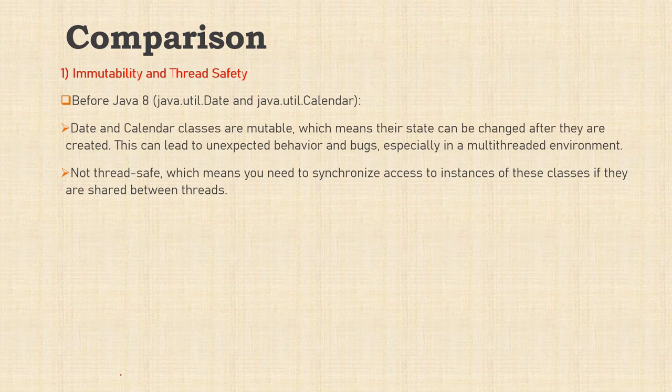So we are going to compare immutability and thread safety. Before Java 8, we had the java.util.Date and java.util.Calendar packages, and with the help of those we could do date-related things. Here, Date and Calendar classes are mutable, which means their state can be changed after they are created.